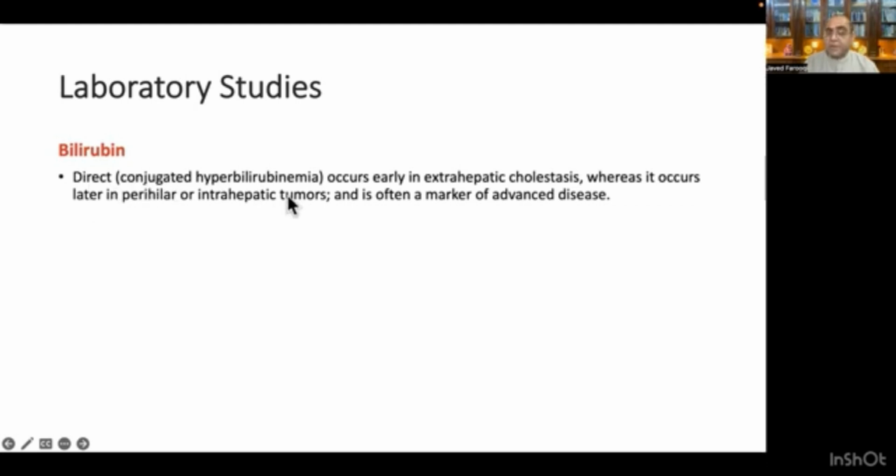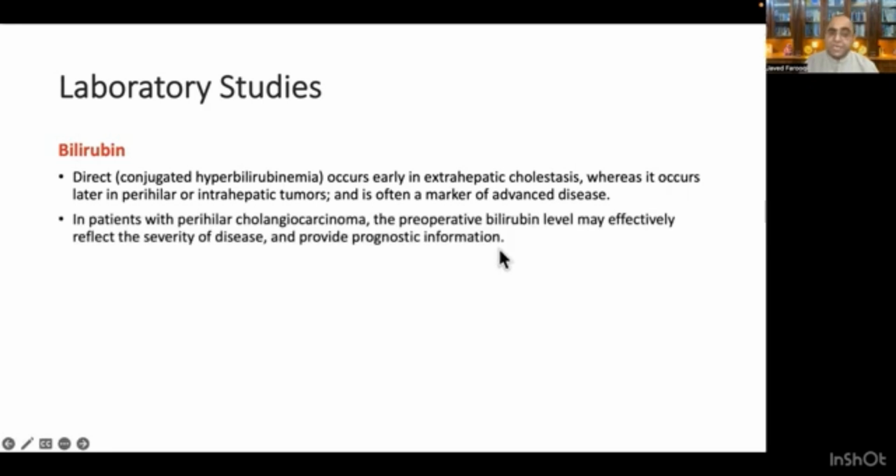Direct conjugated hyperbilirubinemia occurs early in extrahepatic cholestasis, whereas it occurs later in the perihilar or intrahepatic tumors and is often a marker of advanced disease. In patients with perihilar cholangiocarcinoma, the preoperative bilirubin level may effectively reflect the severity of disease and provide prognostic information.